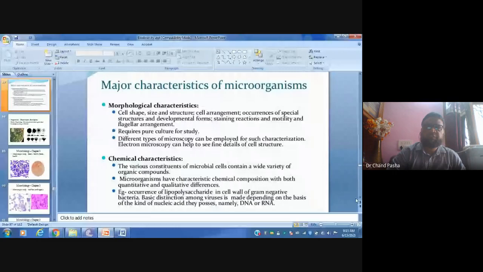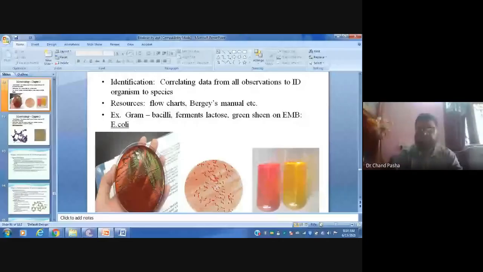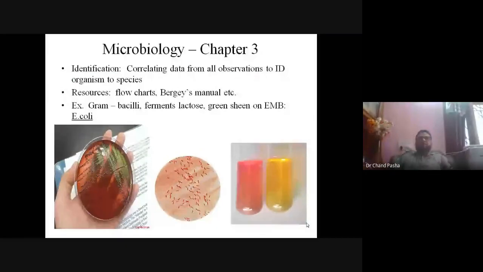See, these are some of the chemical characteristics. You can see this particular one. Here, Enterobacter and E. coli will ferment lactose. Lactose is one of the carbon sources.